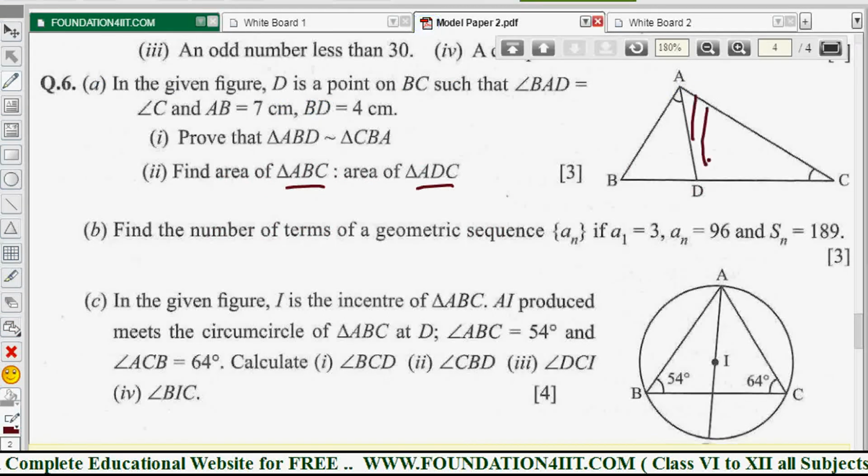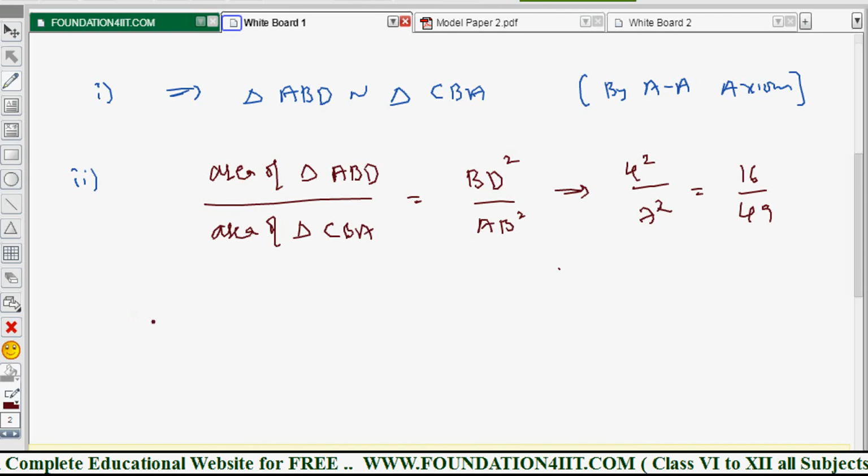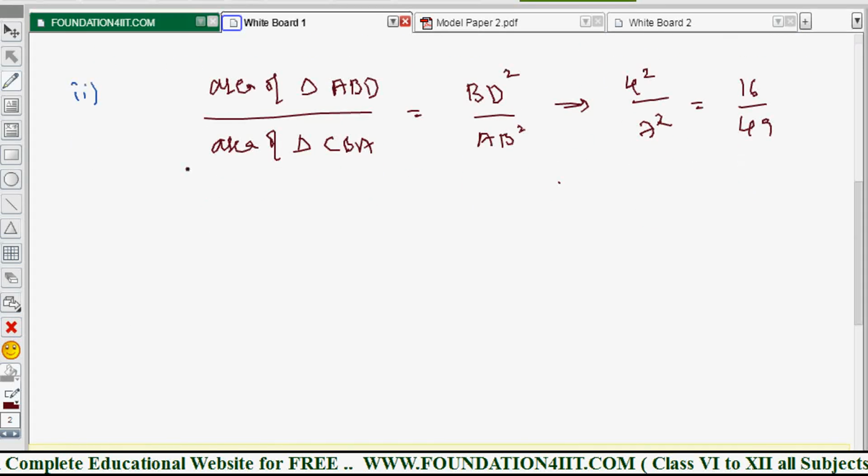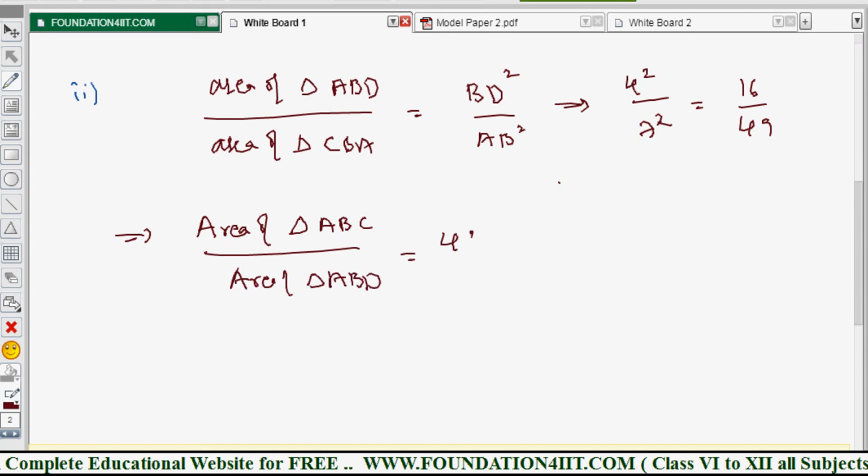ADC is this part, and ABC is the total triangle. Let me take the reciprocal first. So the area of triangle ABC by the area of triangle ABD is equal to 49 by 16.